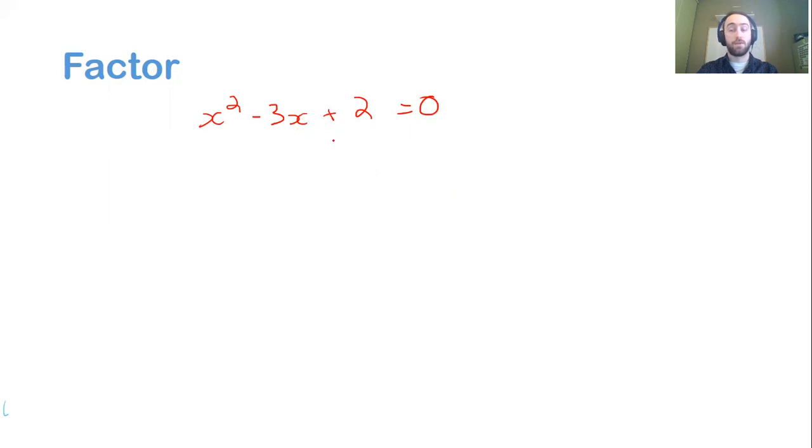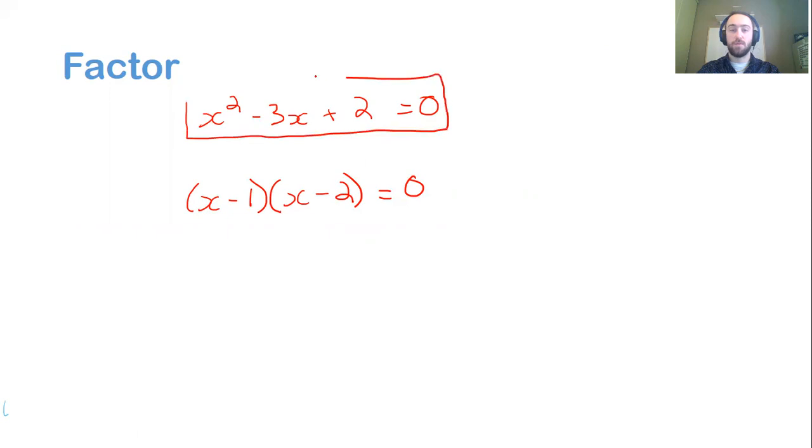If we don't remember how to factor using the cross method, go ahead and check my previous videos out so we don't get lost here. Anyways, if we were to use the cross method, we would get x minus 1 and x minus 2 as our factors. Don't believe me? Go ahead and try the cross method of factoring.